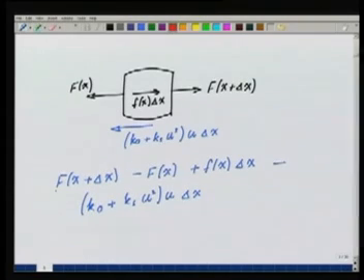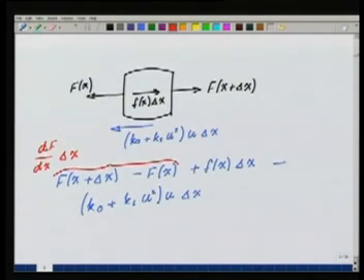This quantity would become dF/dx delta x, by expanding F at x plus delta x about x in a linear expansion, ignoring the higher order terms, and this is going to be equal to 0.